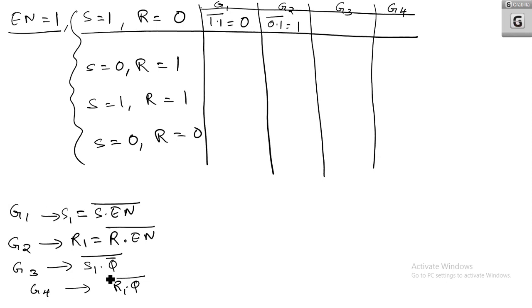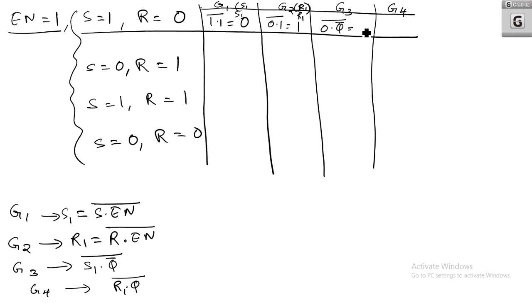What is gate 3? I know this is S1 and this is R1. Now S1 dot Q bar the whole bar, that is 0 dot Q bar the whole bar. What is it?